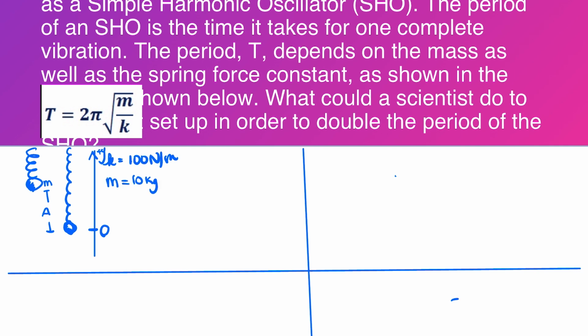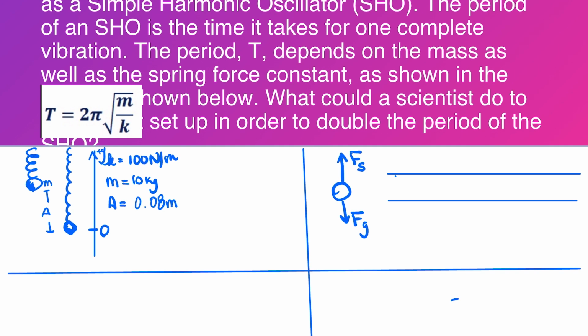I know what k is, I know what the mass is, and I know what the amplitude is. Then I need a free body diagram because it just seems like the right thing to do. There's a force of the spring up and the gravitational force down. Both of those are conservative forces, so those won't do work in and of themselves.